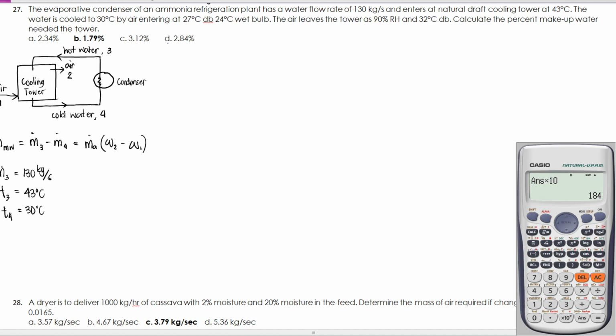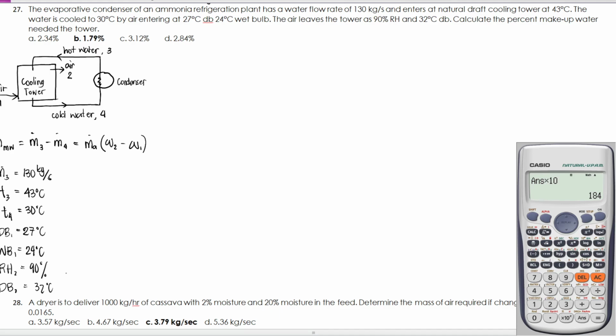Ayan. Then for air entering, that is at 0.1, there is dry bulb temperature of 27 degrees Celsius and wet bulb temperature na 24 degrees Celsius. And the air leaves, that is at 0.2, with relative humidity of 90% at dry bulb temperature na 32 degrees Celsius.